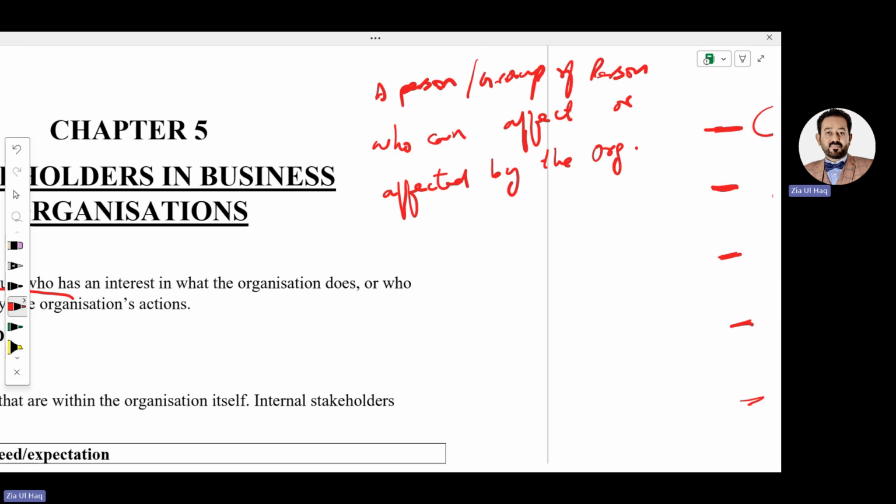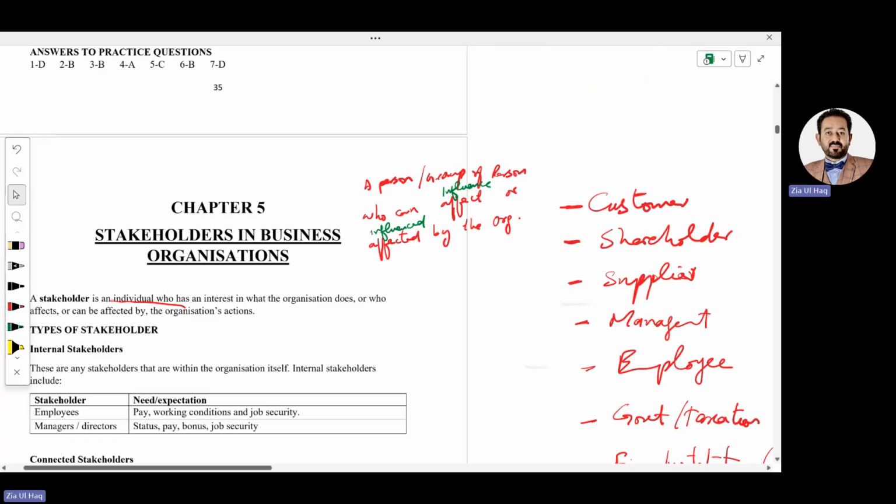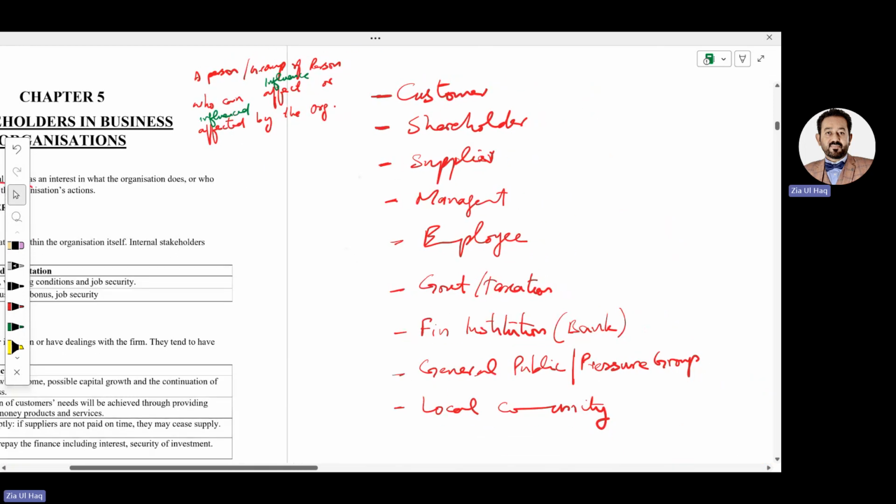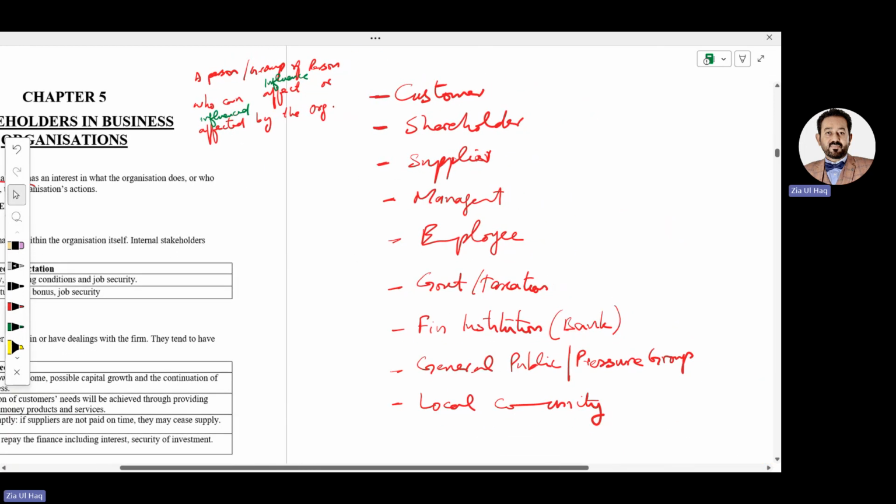Or we can say a person or group of persons who can influence or be influenced by the activities of the organization are called its stakeholders. And all these people either can affect the organization or can be affected by the organization.